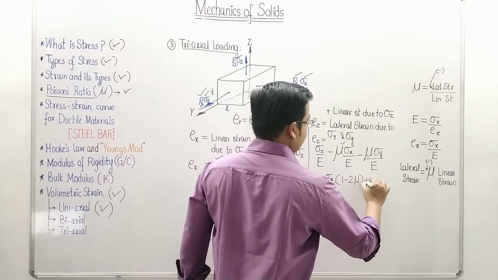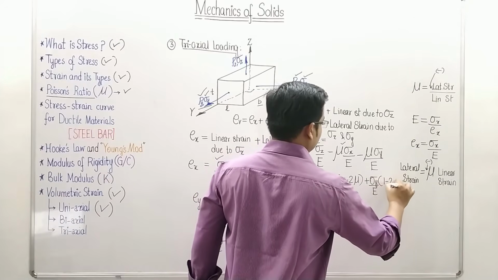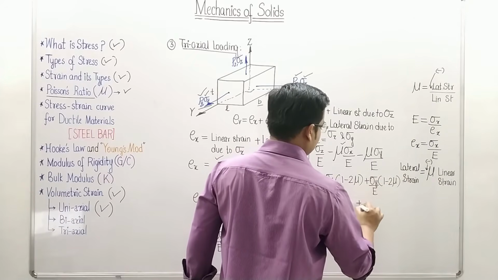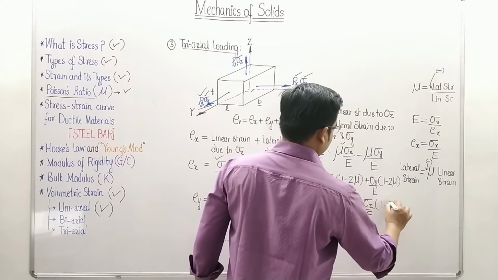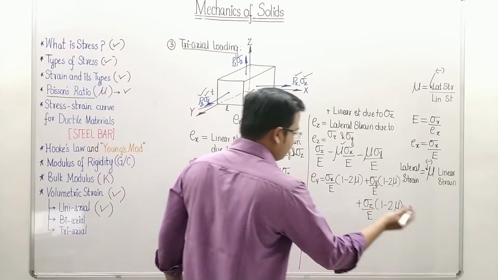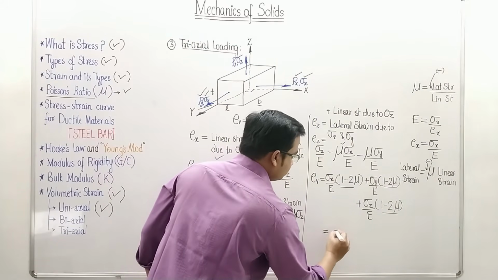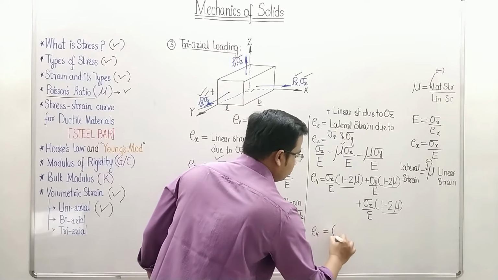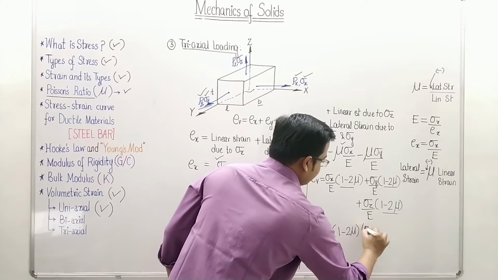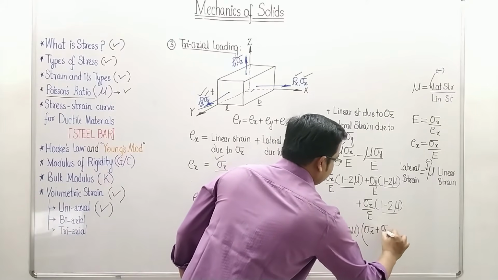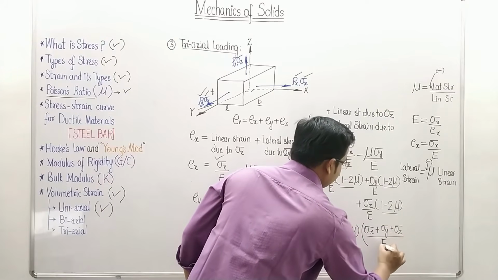In the same manner, you will have sigma y over E times 1 minus 2 mu, and also plus sigma z over E times 1 minus 2 mu. It's that simple. And finally, you can see these three are common terms. So what you can essentially do is you can write finally EV is equal to 1 minus 2 mu, and this is going to be sigma x plus sigma y plus sigma z, all of that divided by E.